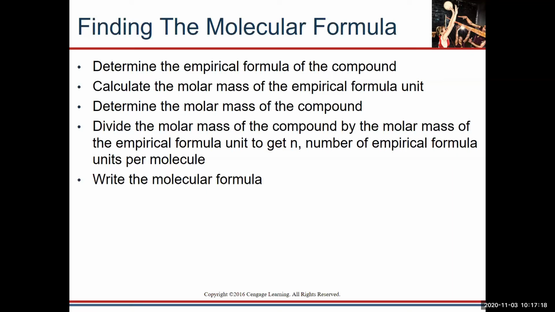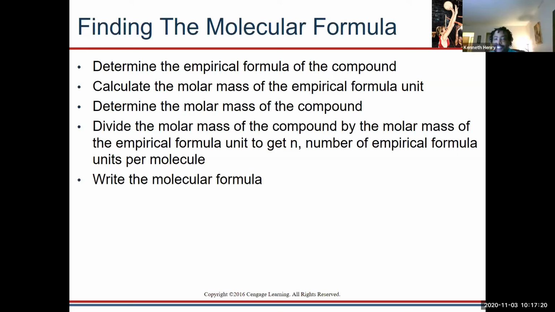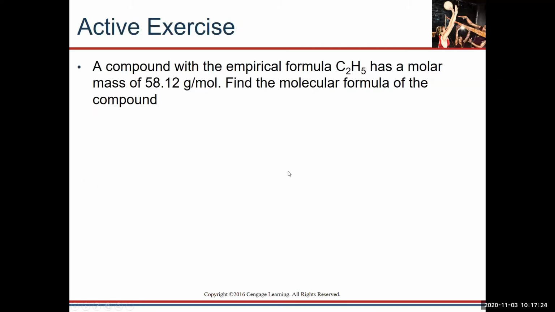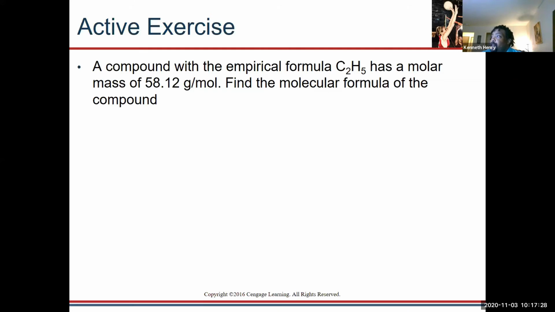No. Do you want to do an example so you guys can see it? Yeah. Okay. So a compound with the empirical formula C2H5 has a molar mass of 58.2 grams per mole.